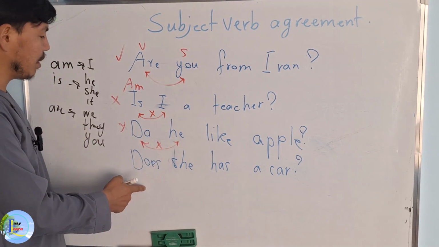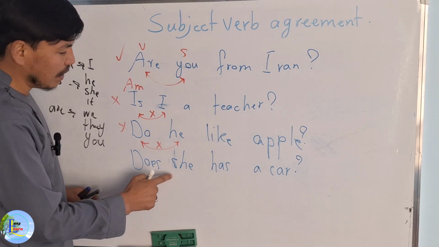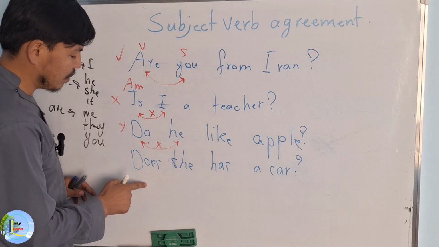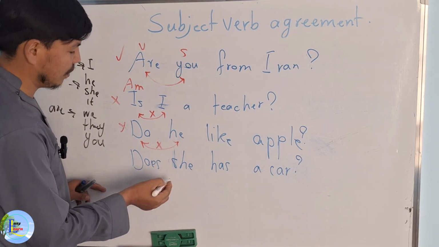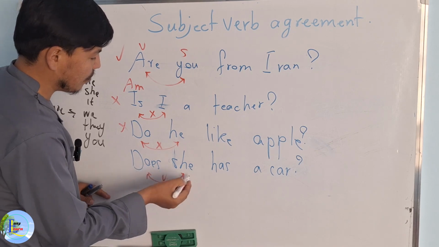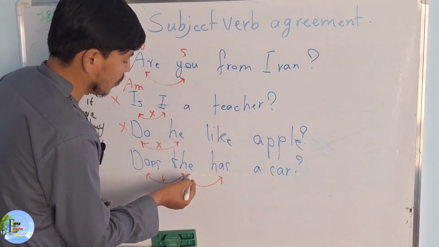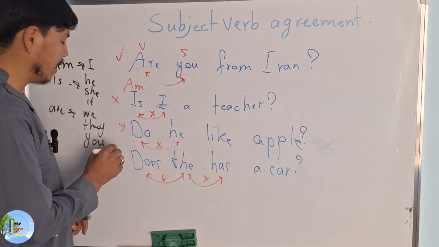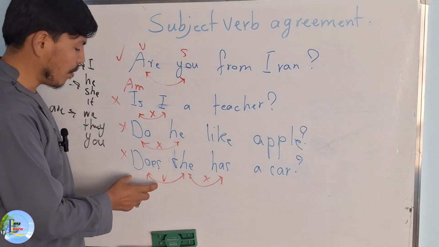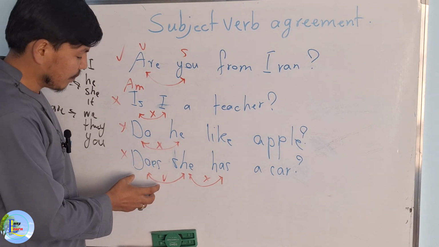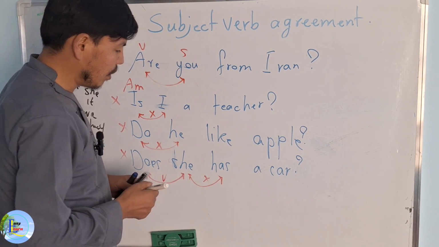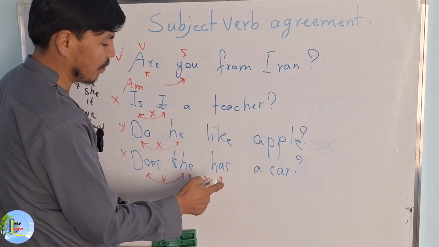And how about this one? If I say, does she has a car? Again, these two agree here, but these two don't. Again, this sentence is not correct. Because once you apply the rule with the helping verb, the main verb should not change to the singular verb.